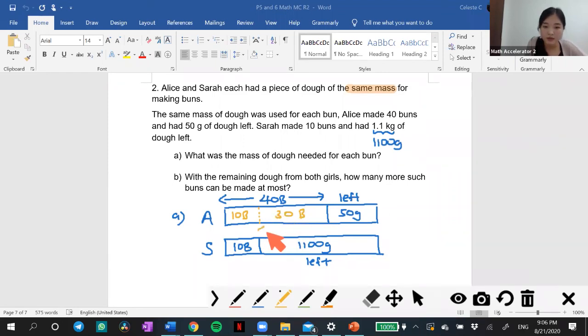So 30 buns, what is the mass of it? Can you see that it is the difference between 1100 and 50? Right, so you can find the number of grams for 30 buns here by looking at the model. So 30 buns equals 1100 minus 50. Very good, a lot of you got it.